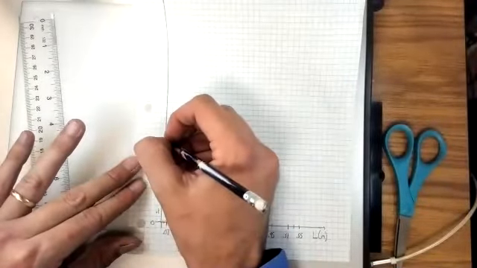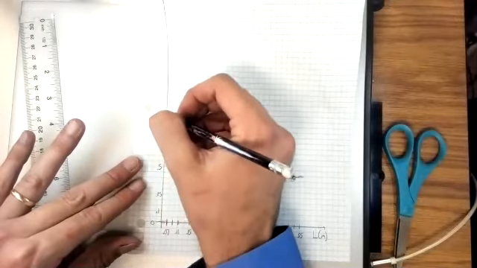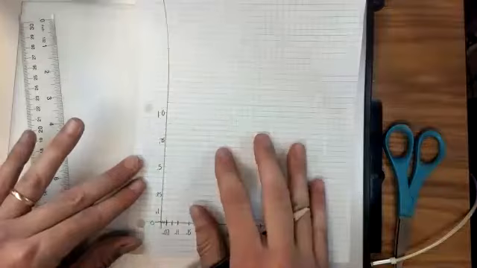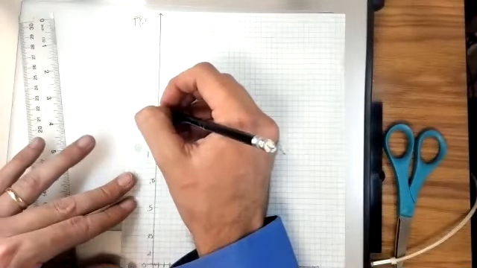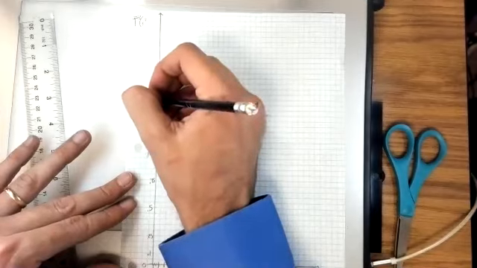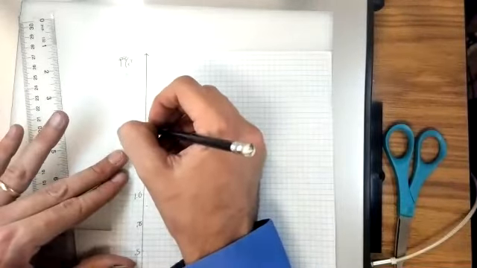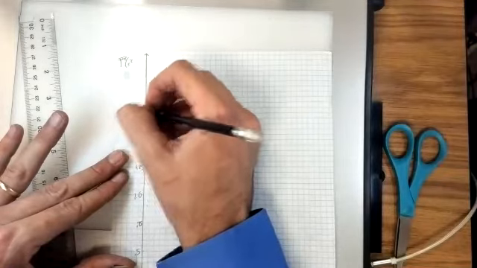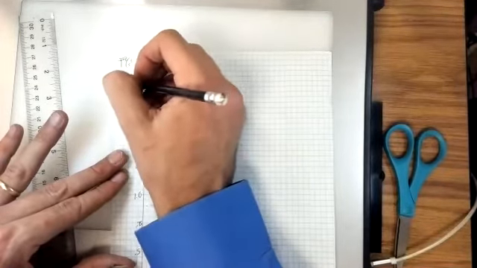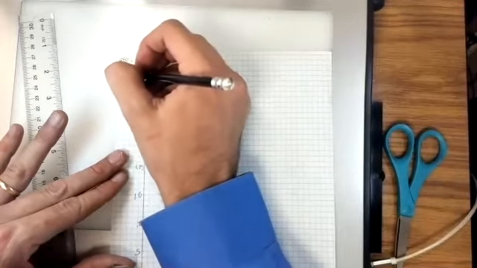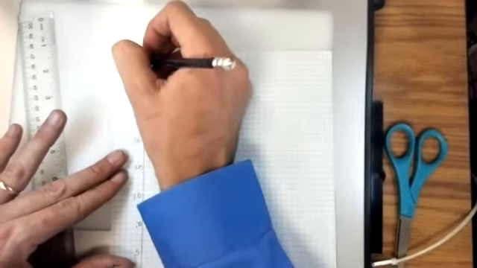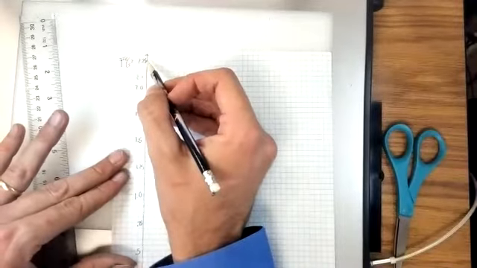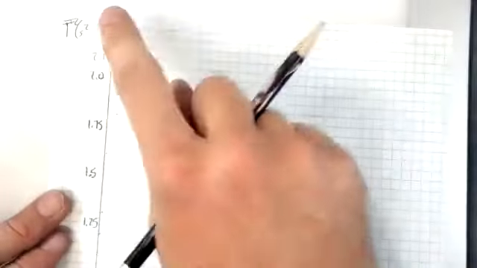So this would be 0.75, 0.8, 0.9, 1. 1.1, 1.2, 1.25, 1.3, 1.4, 1.5 up here, 1.6, 1.7, 1.75, 1.8, 1.9, 2, 2.1, 2.25. Okay, so 2.25, maybe you can't see, is at the very top of my plot.